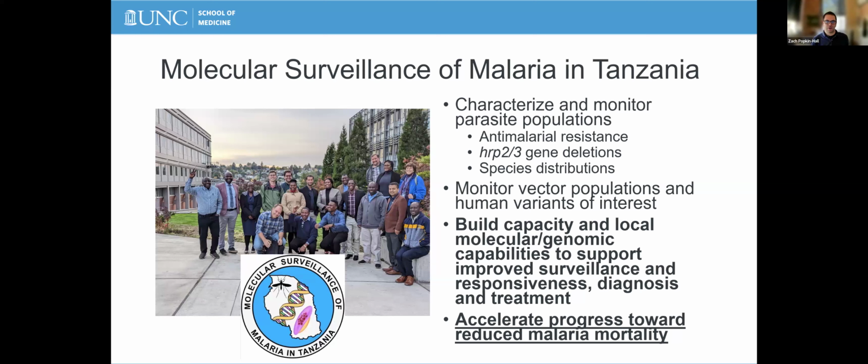And the goal of this project first is to characterize and monitor malaria parasite populations in mainland Tanzania, looking at 3 foci within that.